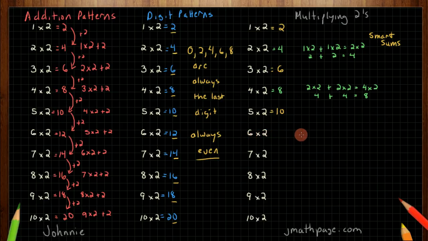So 6 times 2 we can write out as 3 times 2 plus 3 times 2 again. 3 times 2 is 6, plus 3 times 2 is also 6, and we want this to equal 6 times 2. So 6 plus 6 is equal to 12. And now we know that 6 times 2 is equal to 12.